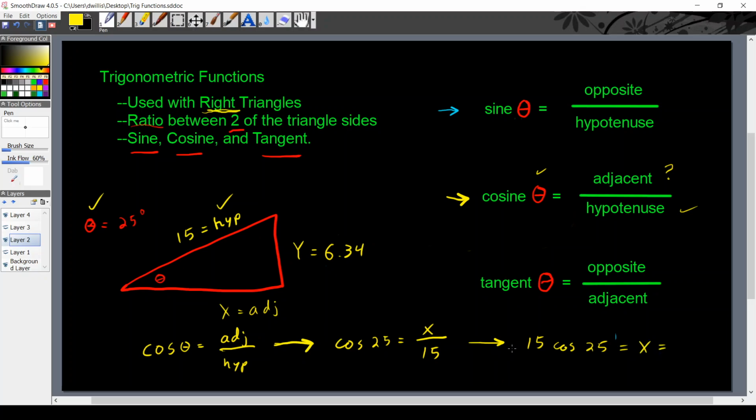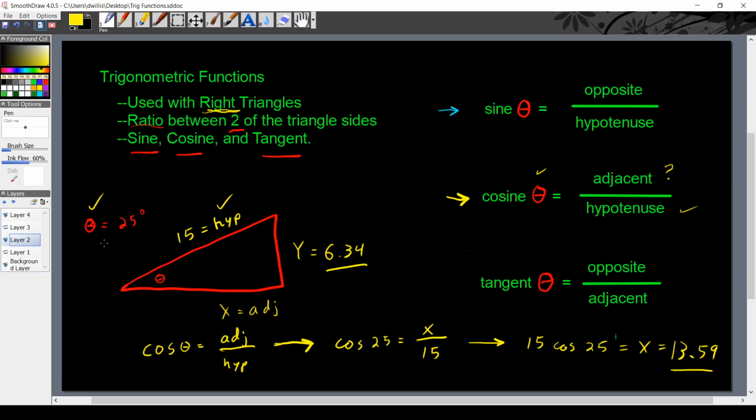I'm going to type that in on my calculator. 15 cosine 25, and I get, in this case, 13.59. So at this point I've found values for all of my sides.